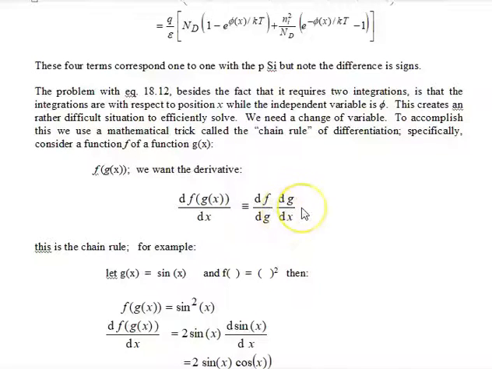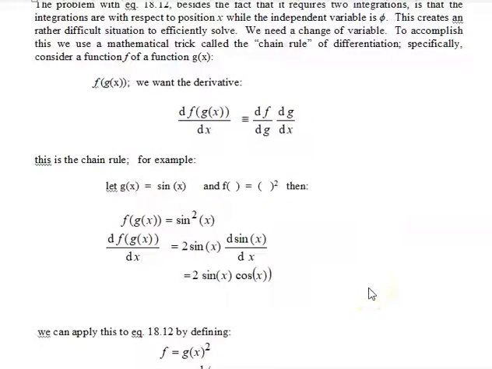And if you're a slob like me, most engineers will just cross out the dg terms to produce a derivative of f with respect to x. So this is kind of obvious the way it looks. This is what we're going to use.